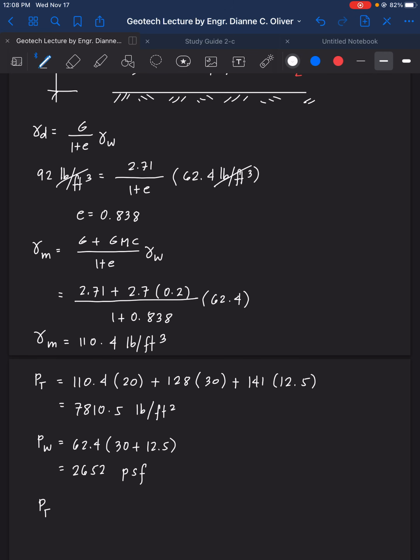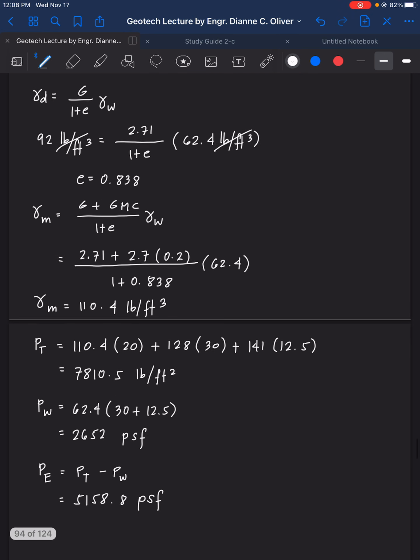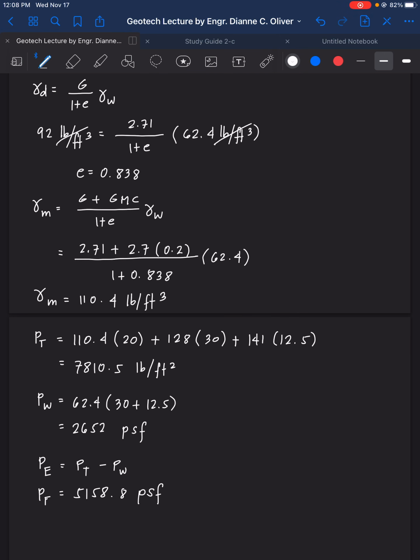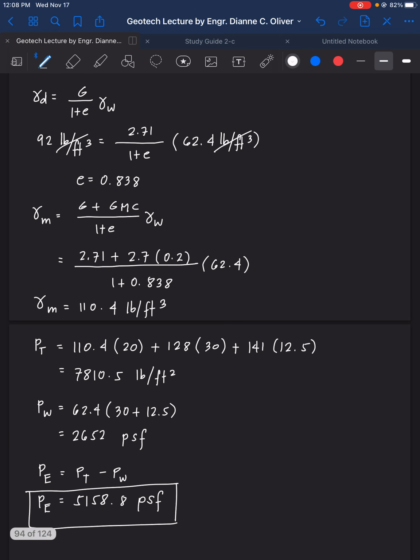Therefore, P effective is now equal to P total minus P water. That is equal to 5158.8 PSF, or pound per square foot. Okay, so that's for P effective.